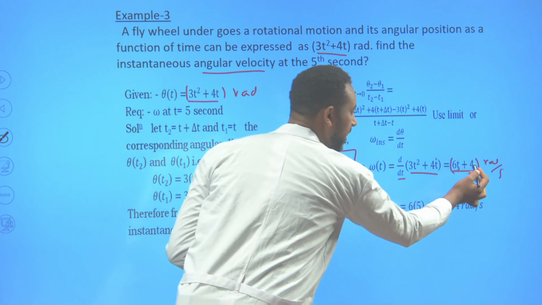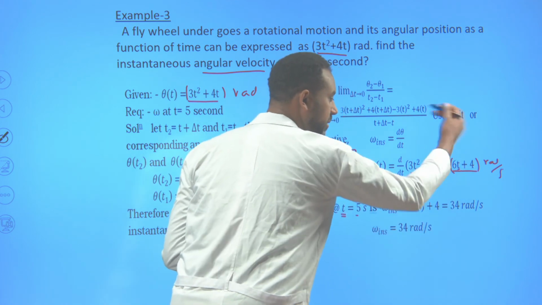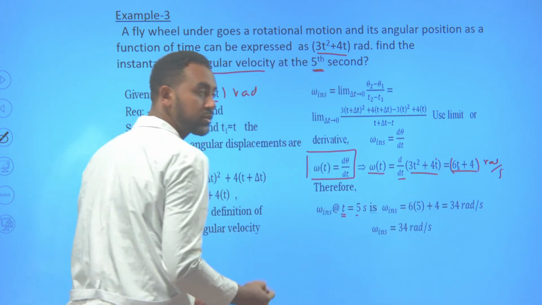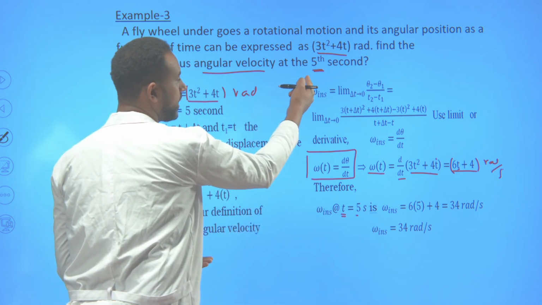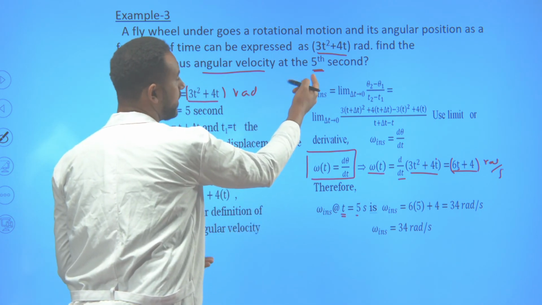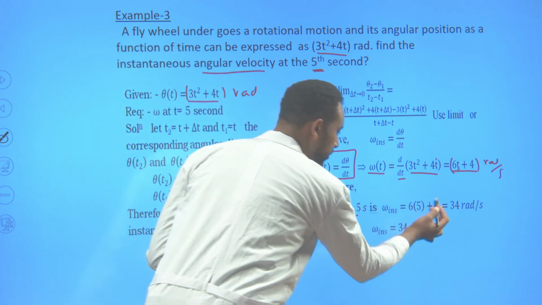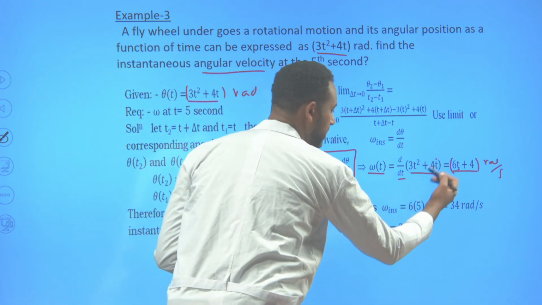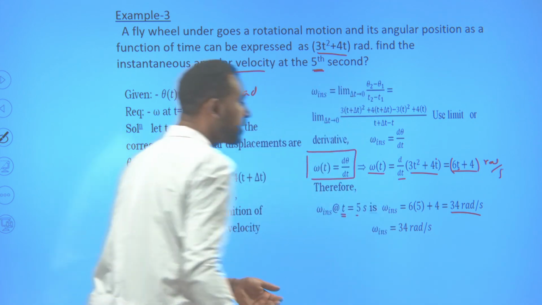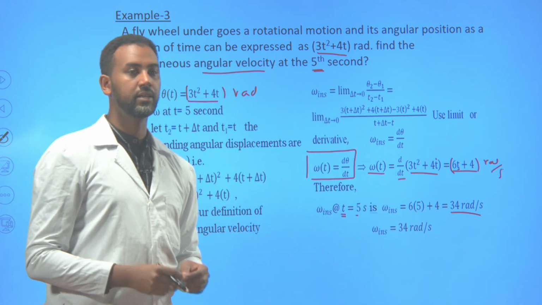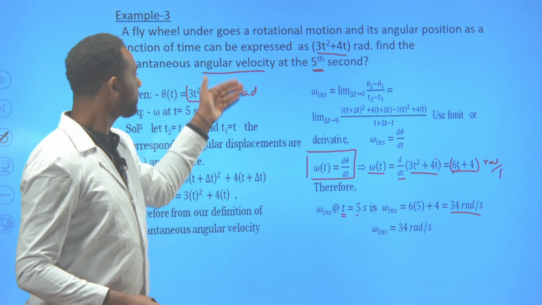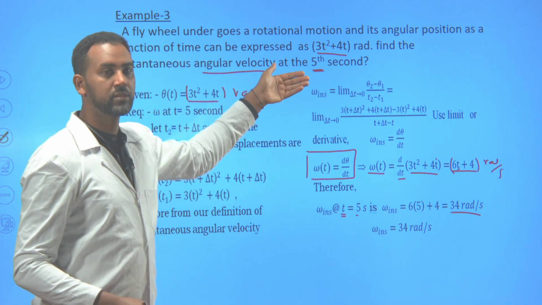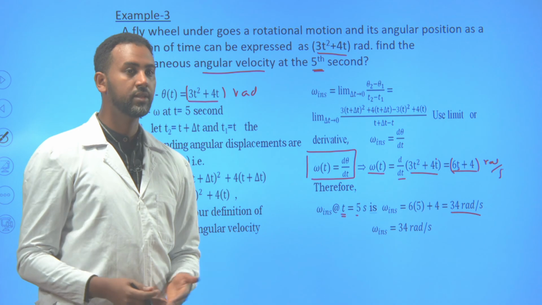But here you have a time variable, so as the time changes, the angular velocity also changes. In this case we are asked to find the instantaneous angular velocity at 5 seconds. So you put in 5: 6 times 5 is 30, plus 4 gives you 34 rad per second, the instantaneous velocity of this flywheel, whose angular displacement is expressed in terms of time t.